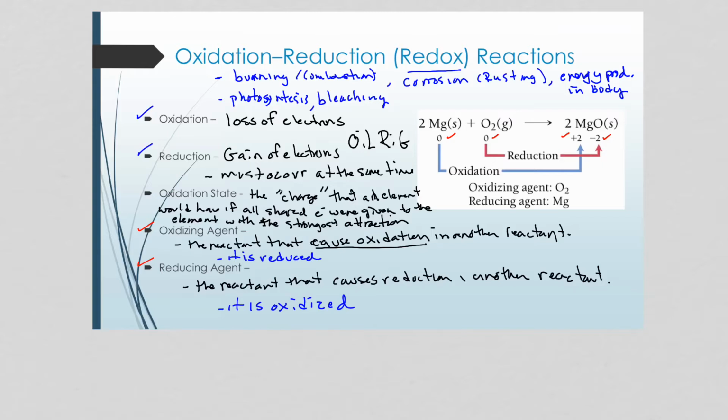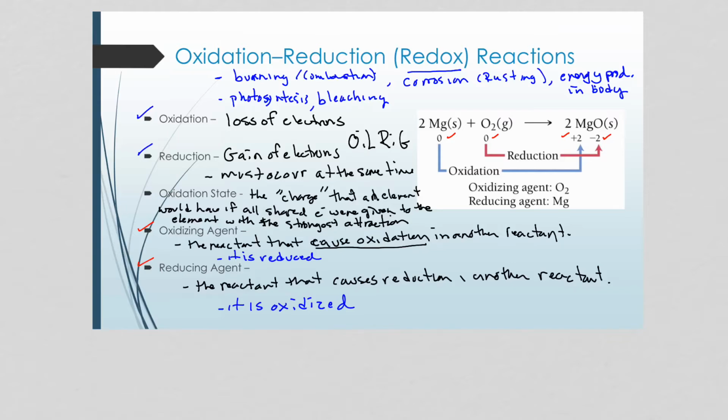So what this means is that over the course of the reaction, the magnesium has been oxidized, right? It has lost electrons. It has taken on a more positive oxidation state. Remember, positive charges indicate the loss of negative charge, or the loss of electrons. Whereas the oxygen has taken on electrons and its oxidation state has gotten more negative, indicating the gain of electrons.